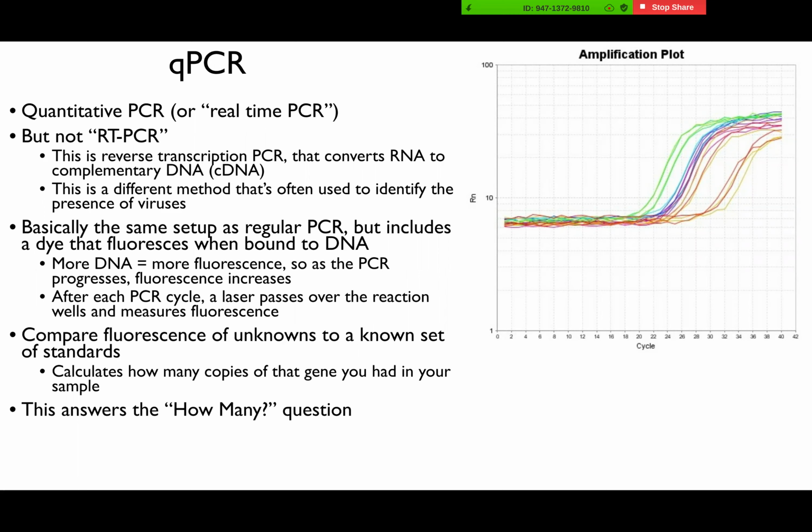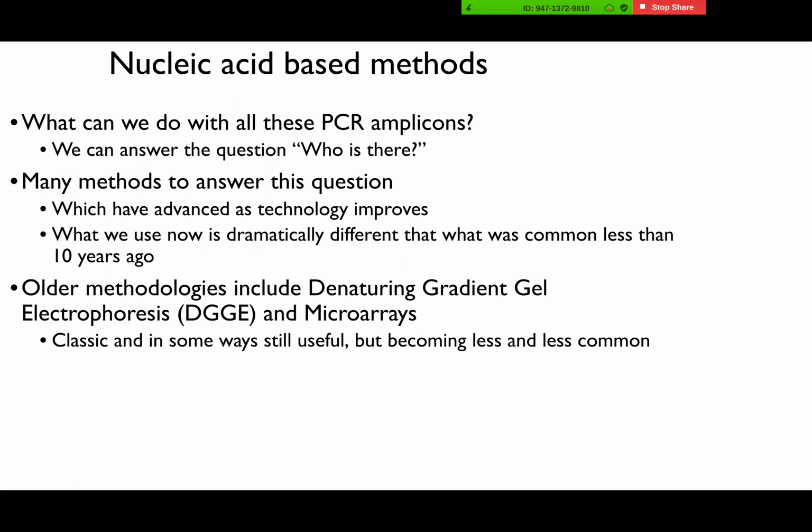You could think of it like 16S in a given sample. You extract the DNA, you perform quantitative PCR, and it tells you how many copies of a given gene you have in a given sample. So it gives you a relative idea about abundance, and it answers the question of how many microbes are in a given environment.